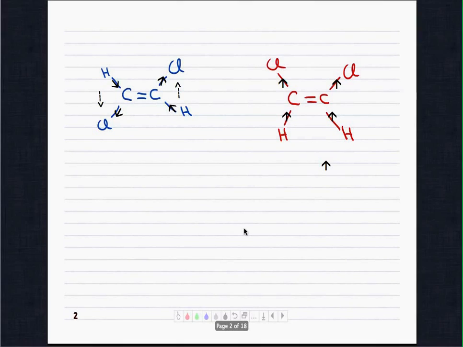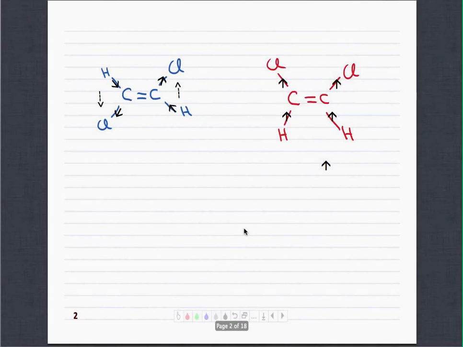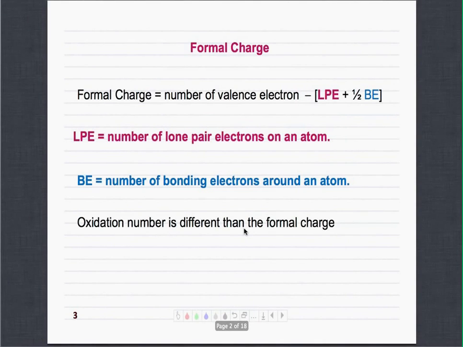So the formal charge, the equation for how to calculate the formal charge of an atom, definitely we're talking about an atom in a compound, equals the number of valence electrons, in other words the group in which the atom belongs to, minus the LPE, which I explained in here, which is the number of electrons in the lone pairs on an atom, plus half the bonding electrons.